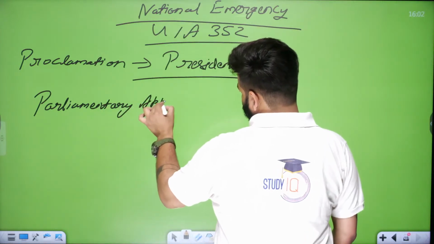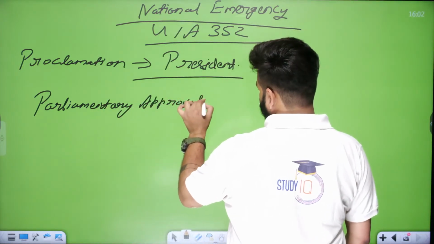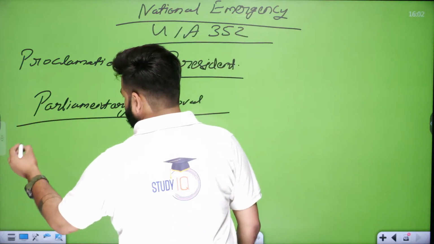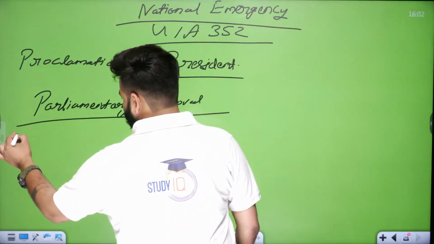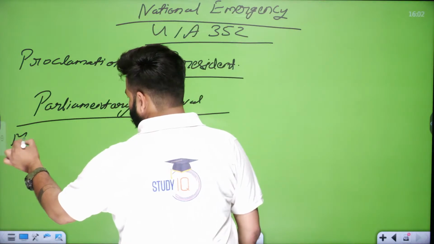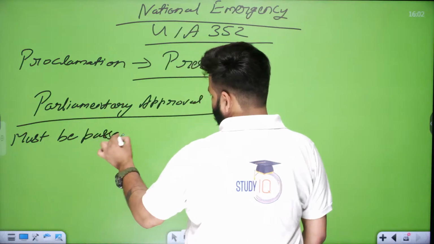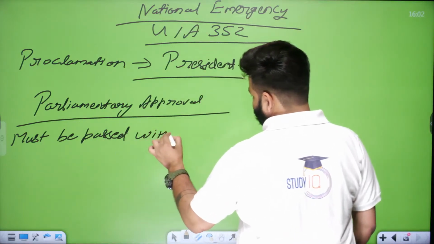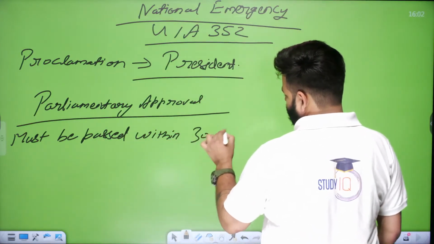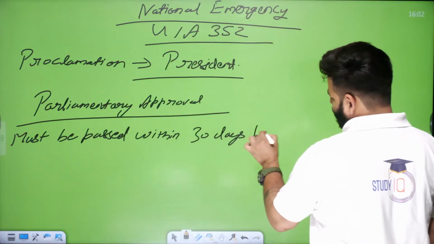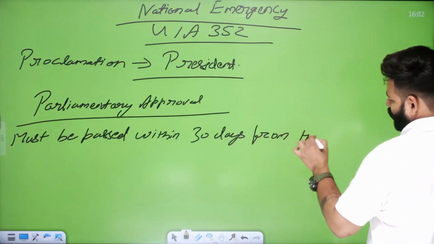And how does this parliamentary approval happen? So the emergency resolution must be passed within 30 days from the date of proclamation.